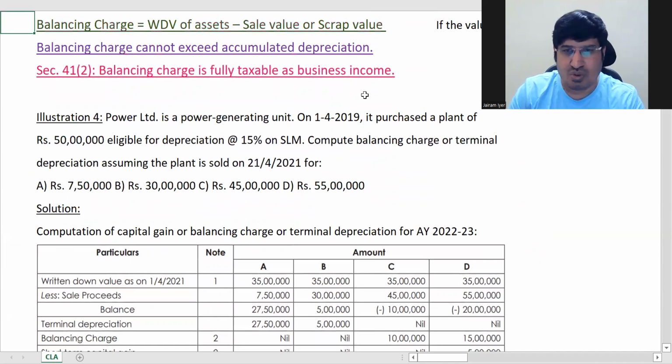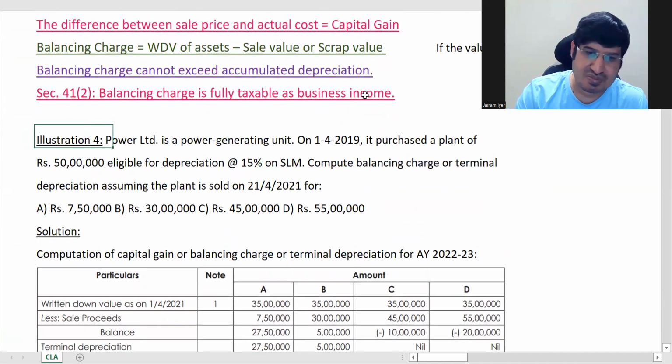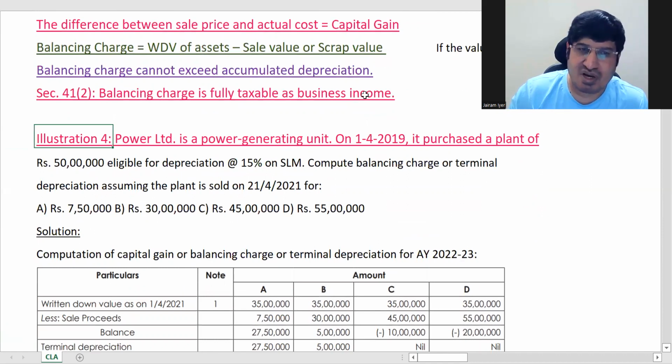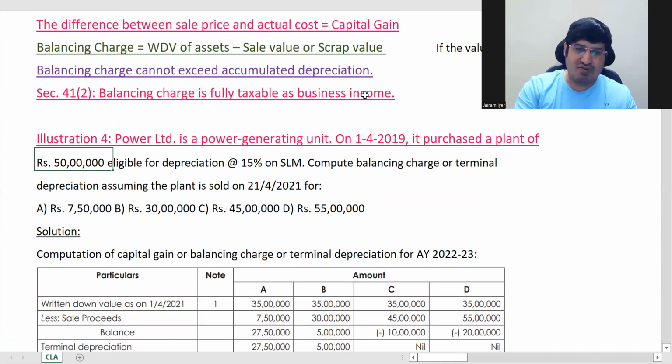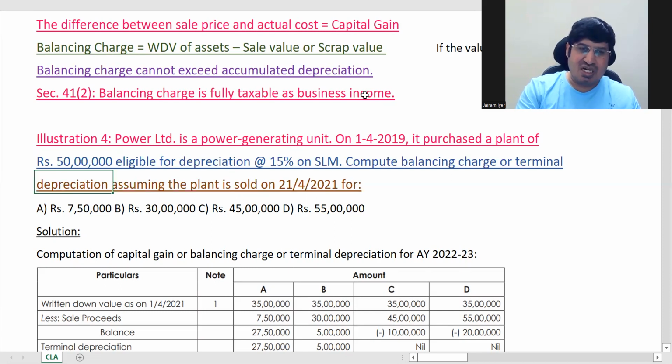Now we'll do a small problem on this. Power Limited is a power generating unit. On 1/4/2019, it purchased a plant of 50 lakhs eligible for depreciation at 15% on SLM. Compute balancing charge or terminal depreciation, assuming that the plant is sold on 21/4/2021.